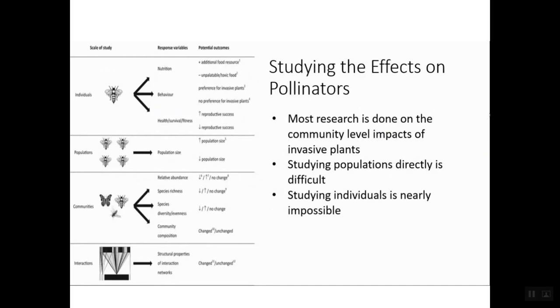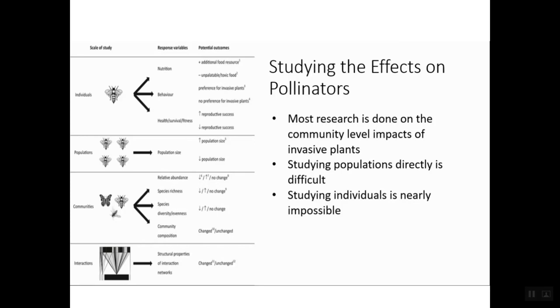So the way that they actually study these things, you can see on the left there, it's a bit grainy looking, but when they look at the scales of the studies, like I said before, most of the research has been done on the community level. So what they're looking at for that is the abundance of species, the species richness, and overall composition of that community.